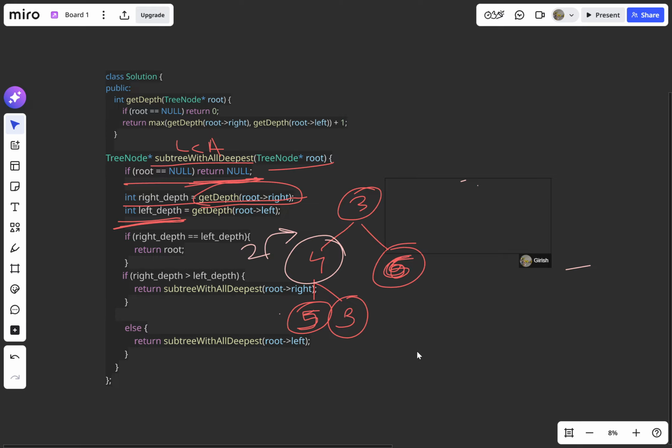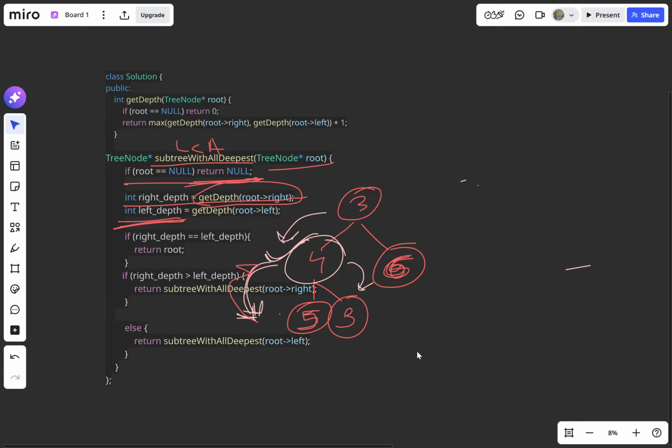But if they are not the same, then in a recursive approach we will return the one having the highest depth. So then we will go to this side. Now we will apply for the 4. We will find the depth of the lowest node, the left node of the 4 and the right node of the 4.